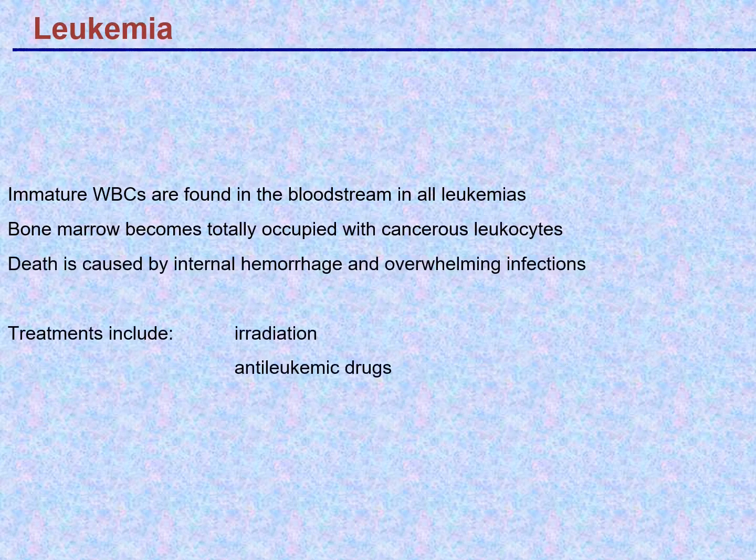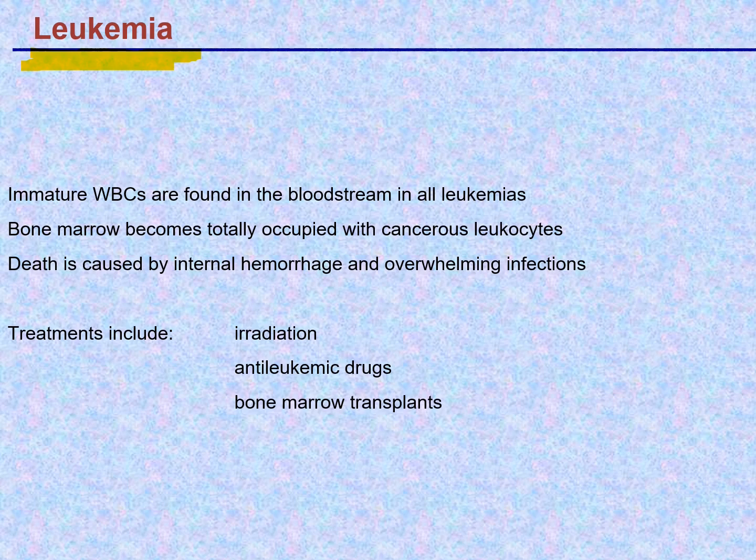This is a giant topic and I can't do it a lot of justice, but I'll give you the basics of it. With leukemia, you see abnormal, poorly differentiated white cells in the bloodstream. The bone marrow also becomes taken over by these abnormal tumor cells derived from different types of leukocytes.